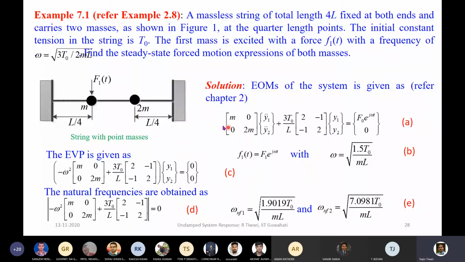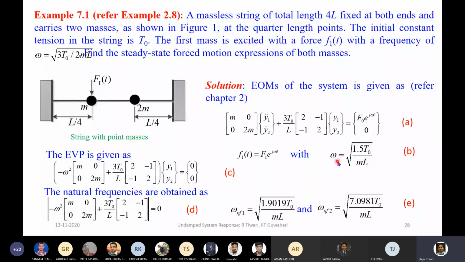Now, to solve the forced vibration, we need to first go for the eigenvalue problem. We already obtained the eigenvalue problem for this in an example in chapter 2. If we take the determinant of this, we get the two natural frequencies of the system. So this is the first natural frequency, this is the second natural frequency, and this is the excitation frequency.